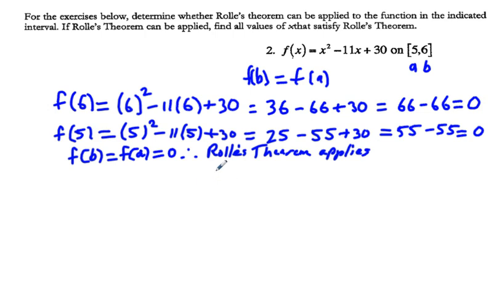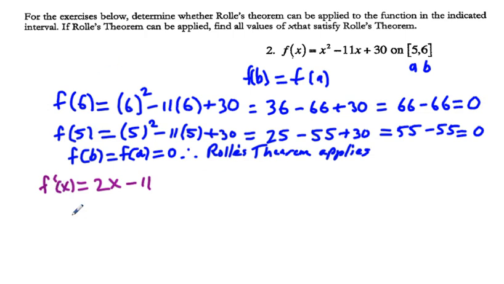Next, we're going to work this out, and for that we need f prime of x. So we take f of x and differentiate it, and f prime of x is going to be x squared becomes 2x, and minus 11x differentiated is minus 11. We set our average rate of change to 0.